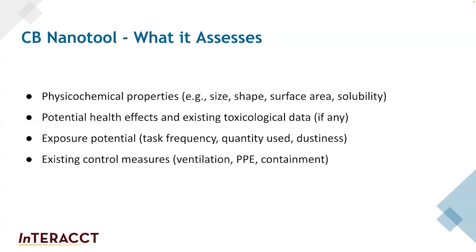Next, it examines exposure potential, including how often tasks are performed, the quantity of material used, and whether the process generates dust. Finally, it looks at the existing control measures already in place, such as ventilation systems, personal protective equipment, or containment methods.